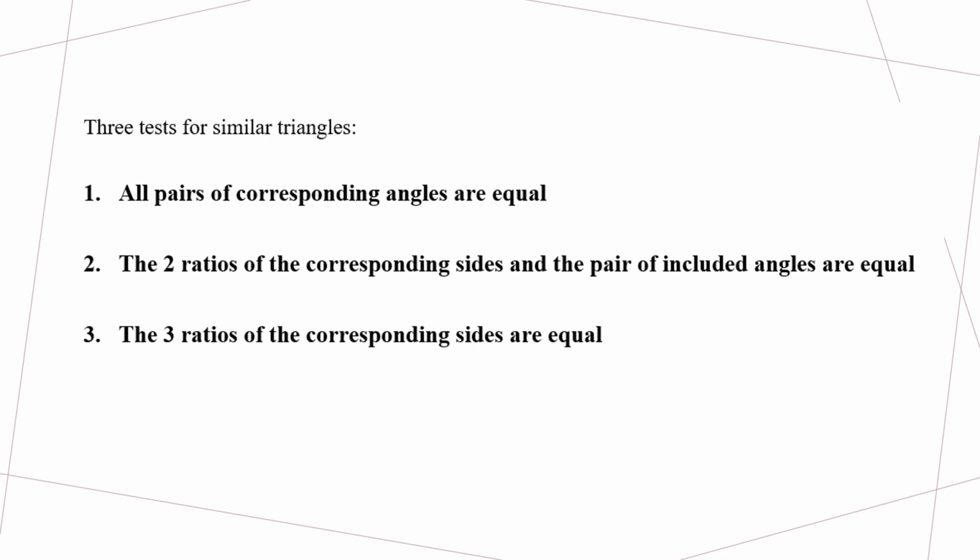The first one is all pairs of corresponding angles are equal. The second one is the two ratios of the corresponding sides and the pair of included angles are equal. And the third one is the three ratios of the corresponding sides are equal. Not to worry, we will be doing some examples that we can apply this test.